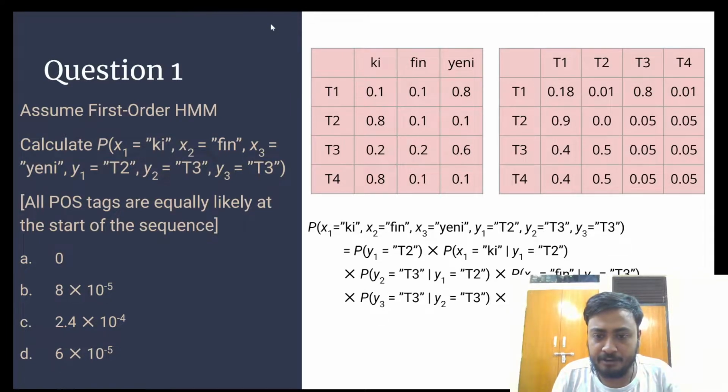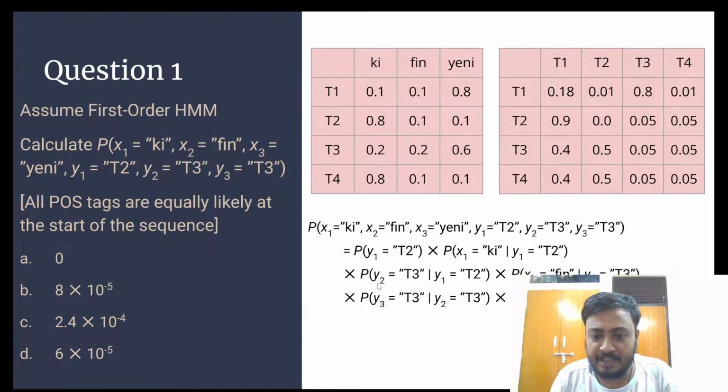What we need to do is first break down the entire probability sequence given into the conditional probabilities that we need. Firstly, y1, y2 and y3 are the states, whereas x1, x2 and x3 are the observables or the emissions. When we start, we take the probability of y1 being t2, times x1 being key given that y1 is t2.